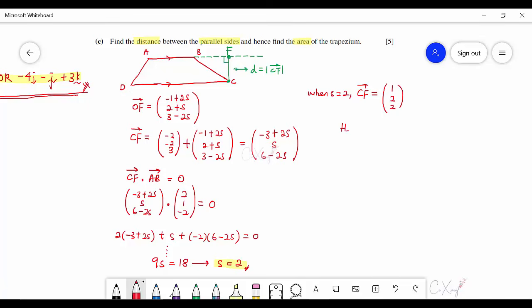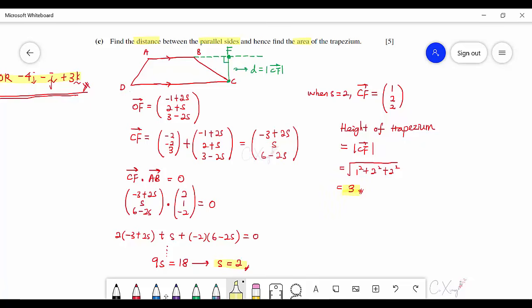Then the height of the trapezium equals the modulus of CF. So it should be the square root of 1 squared plus 2 squared plus 2 squared, which equals 3. So I already achieved the very first request in the question, to find the distance between the parallel sides. The distance will be 3.